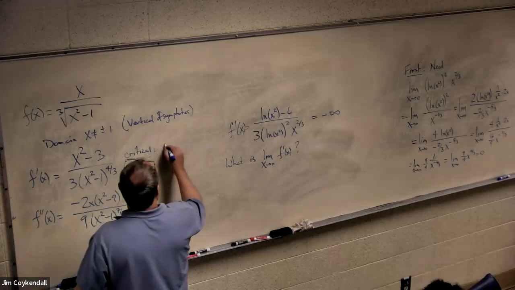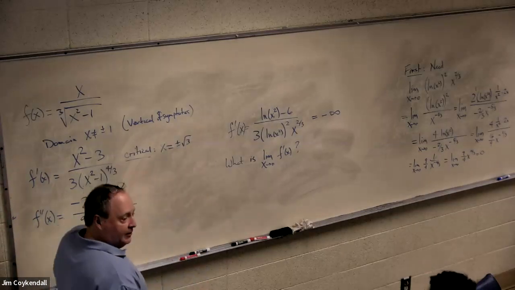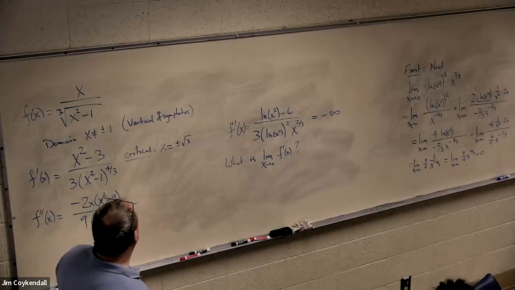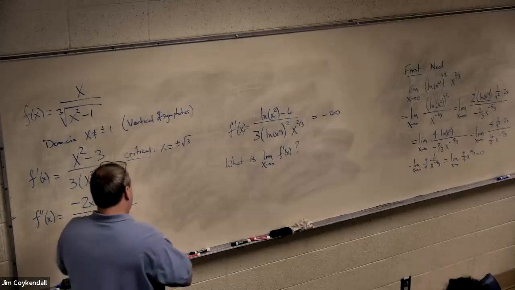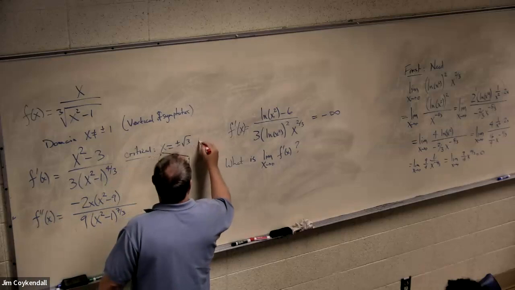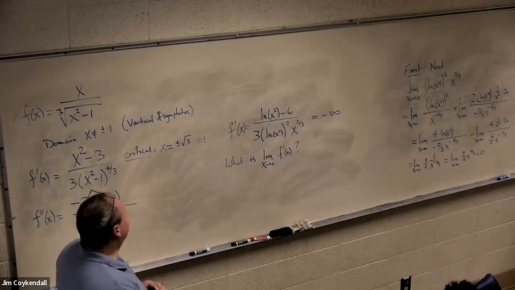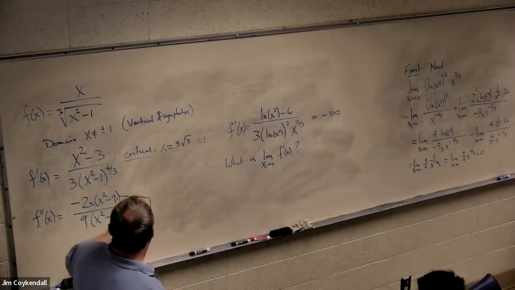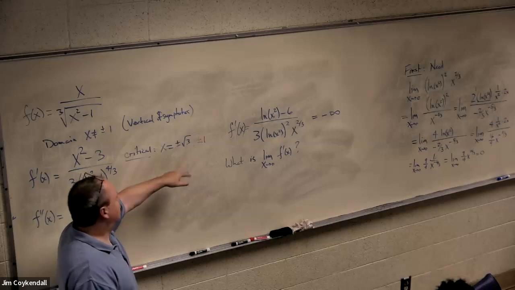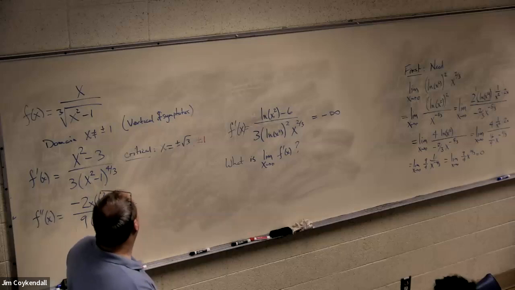So I get x is plus or minus square root of 3. That makes the numerator 0. And that'll be where I expect there to be horizontal tangent lines here, and also, and I'll put this in red, plus or minus 1. I put those in red for 2 reasons. Number one, they're not in the domain of the function, so you can't plug anything in. But I think they're asymptotes and change signs.